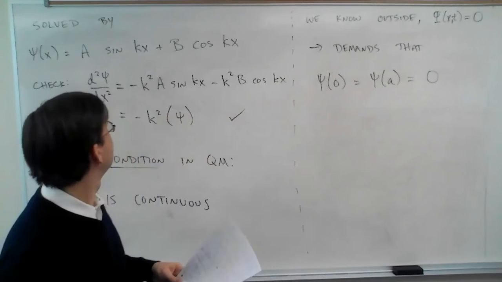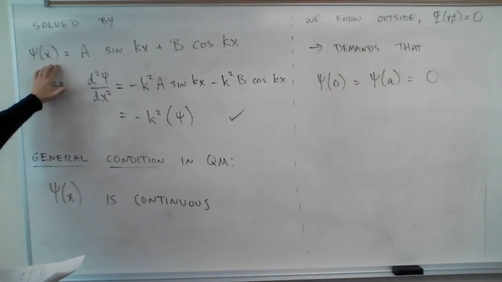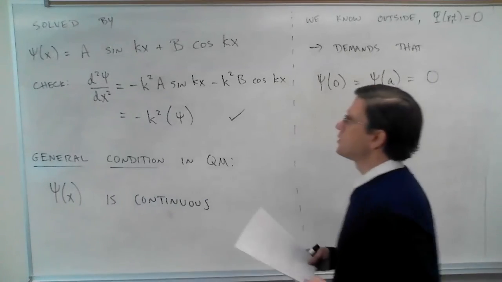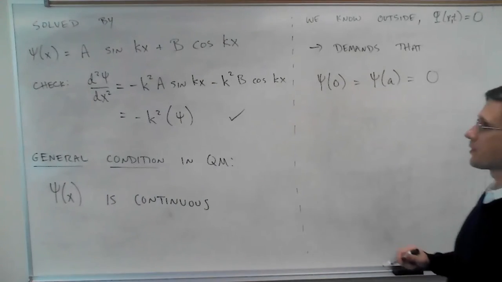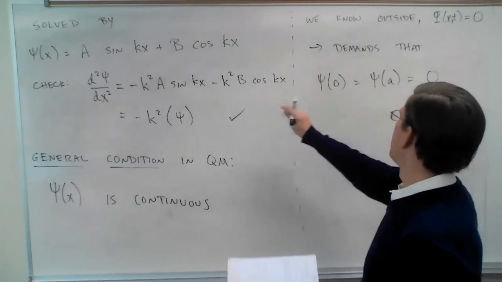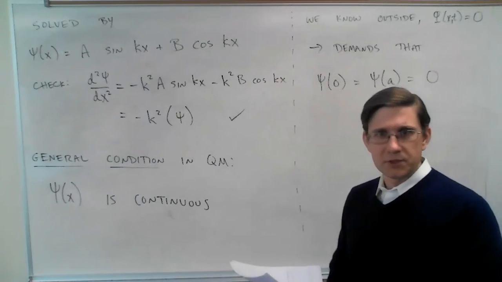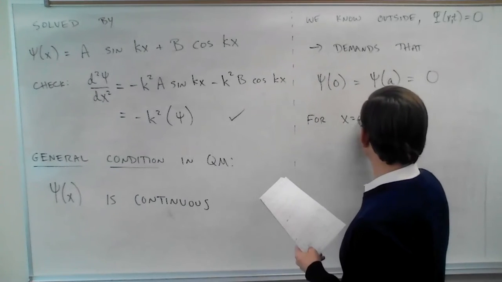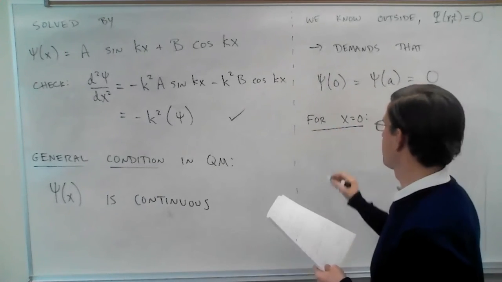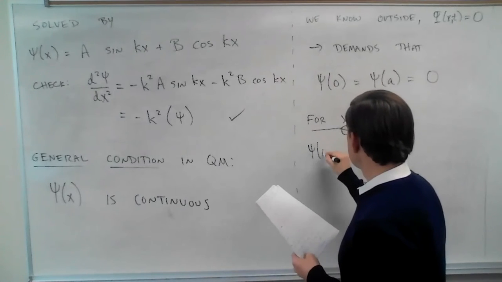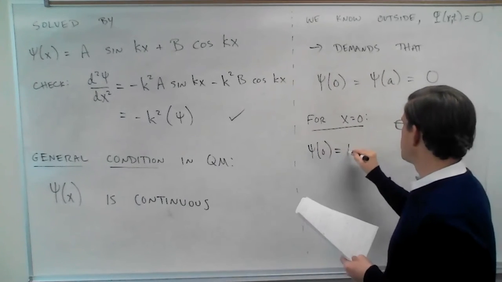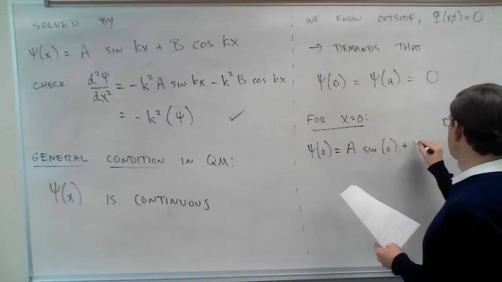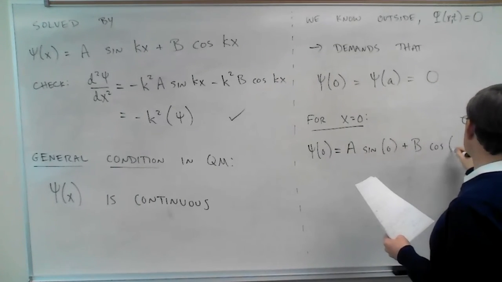With that in mind, we can compare to our differential equation solution and see what constraints that places. If we check the x equals 0 point first, we can say that psi of 0 is equal to a times sine of 0 plus b times the cosine of 0.